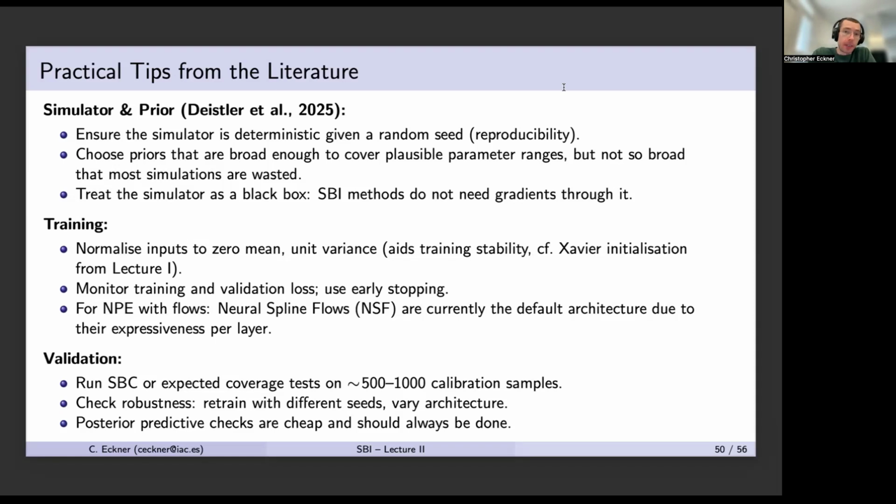And in particular for neural posterior estimation, use the spline flows because they are the best architecture currently on the market with the most expressive layers. In terms of validation, run these SBC checks on the per parameter metric, as well as the empirical calibration method, and just check your posterior afterwards.